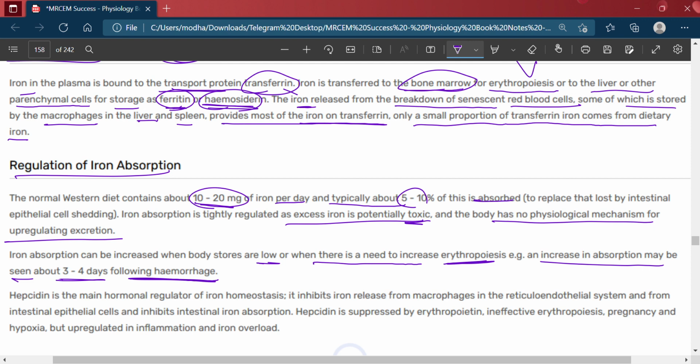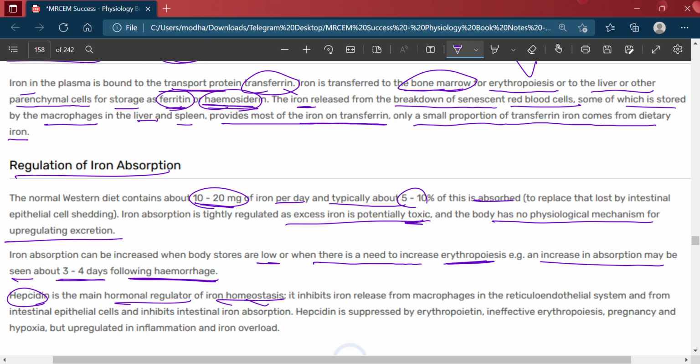Hepcidin is the main hormonal regulator of iron homeostasis.